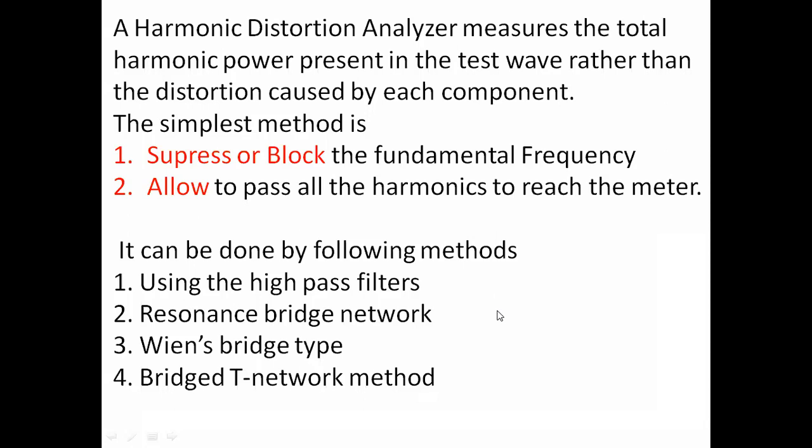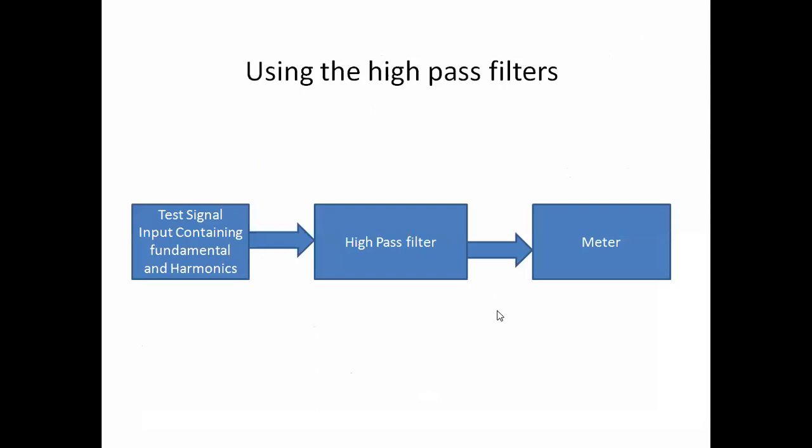Coming to the first one, using the high pass filters. Here we have three sections of blocks in this block diagram. The first is the test signal input containing fundamental and harmonic signals.